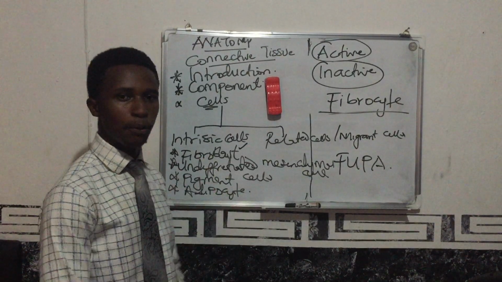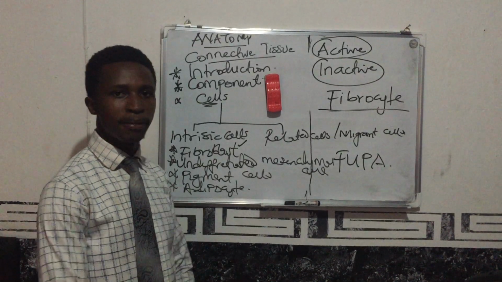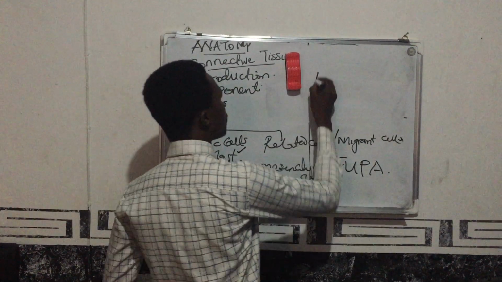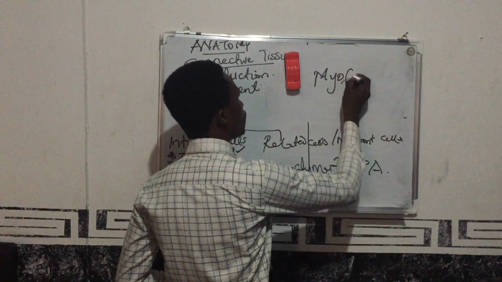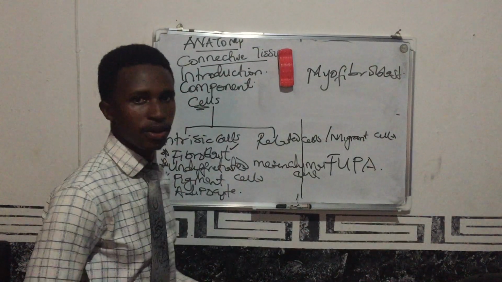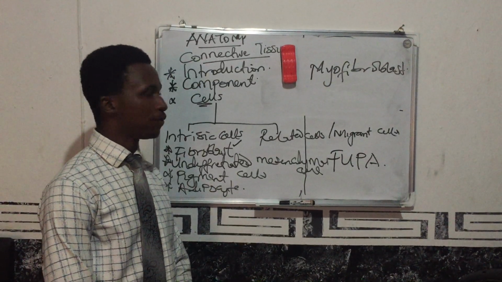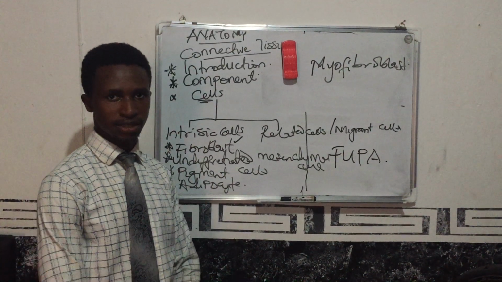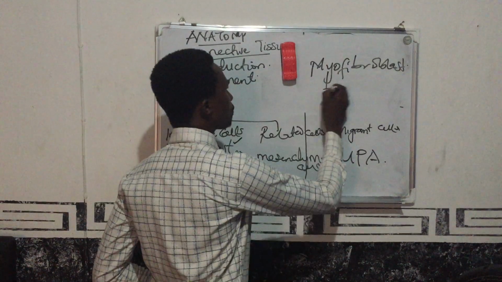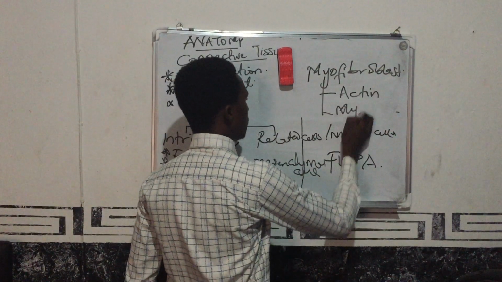There is a special type of cell that resembles fibroblasts under electron microscope. We refer to these cells as myofibroblasts. But what is the difference between myofibroblast and fibroblast? Myofibroblast has two important proteins called actin and myosin.